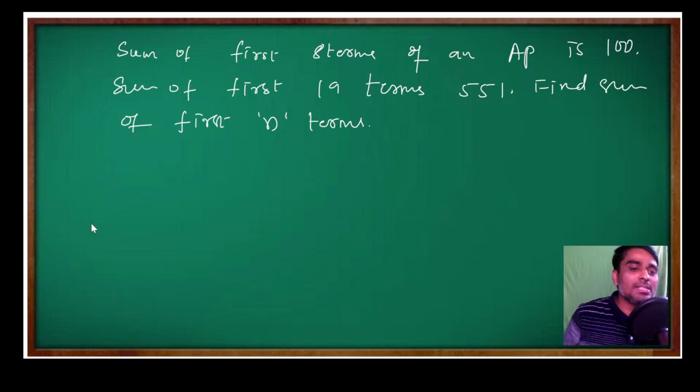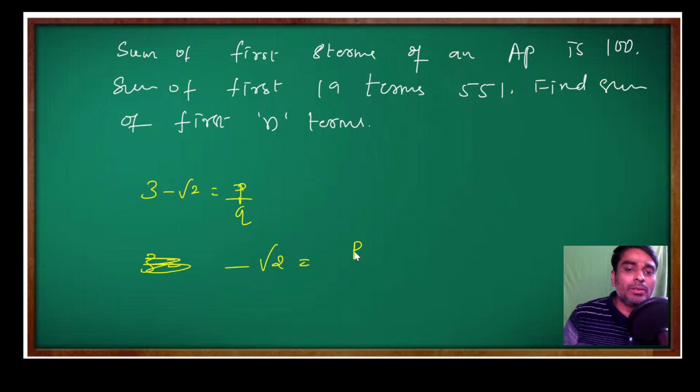Okay, start doing this. Janvi, see, 3 minus root 2 equals P by Q. 3 equals what? Root 2 you keep here only. Minus root 2 equals P by Q minus 3. Multiply this Q here. P minus 3Q by Q. Then minus root 2.